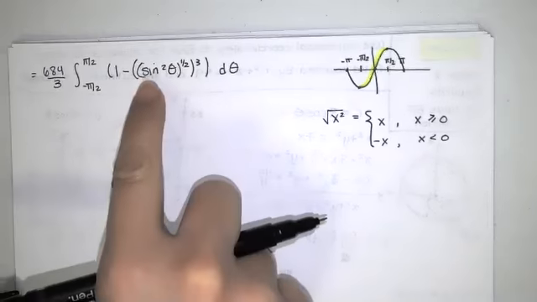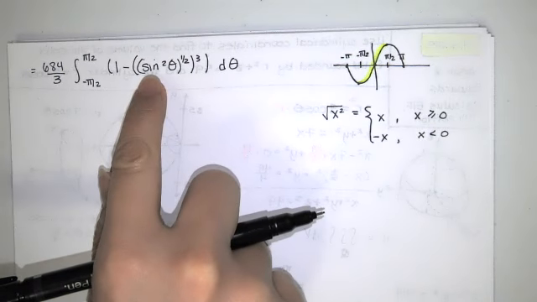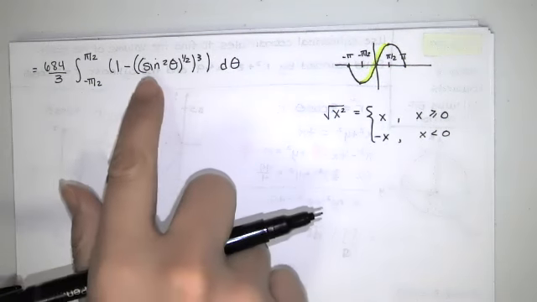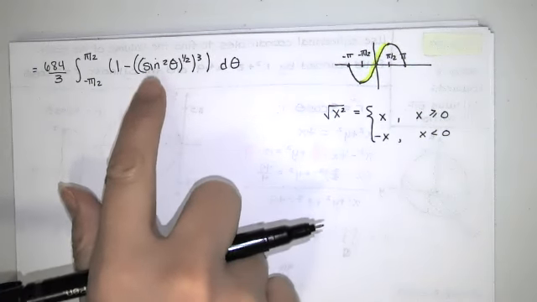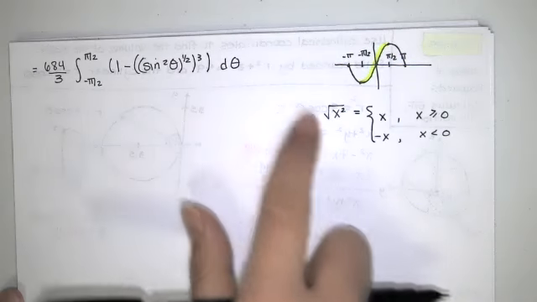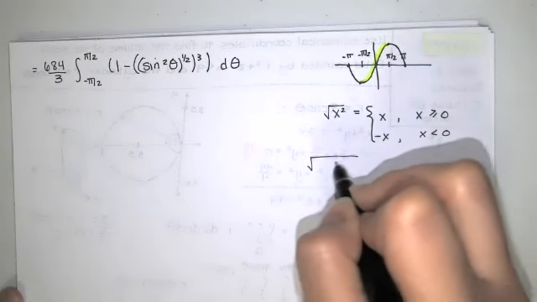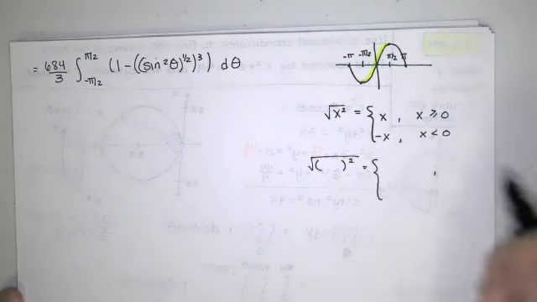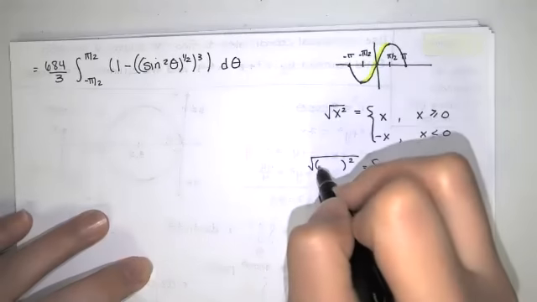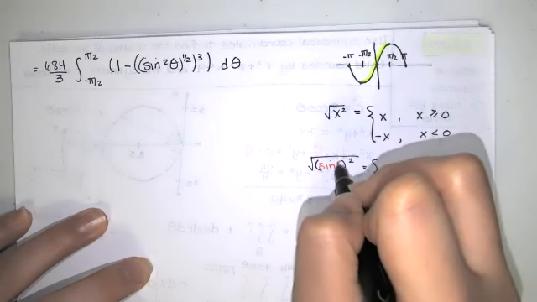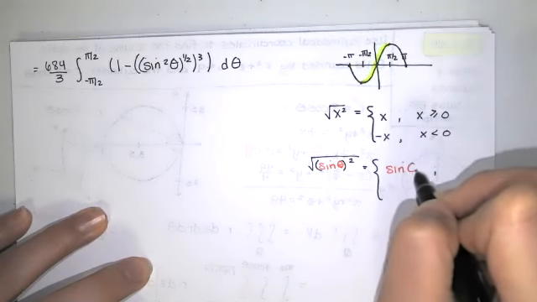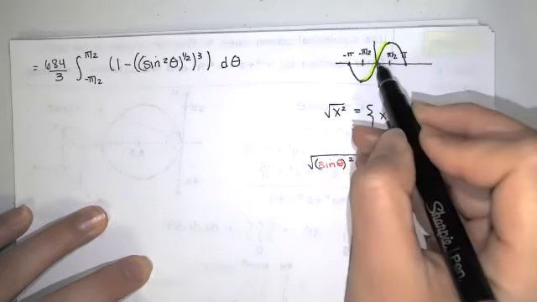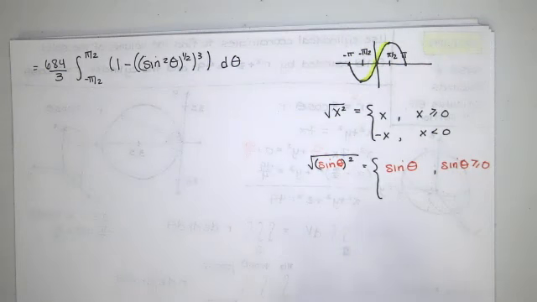So in the same way, when I have sine of theta playing the role of x, I'm going to get sine of theta when sine of theta is greater than or equal to 0, which we can see happens on the interval from 0 to pi/2.